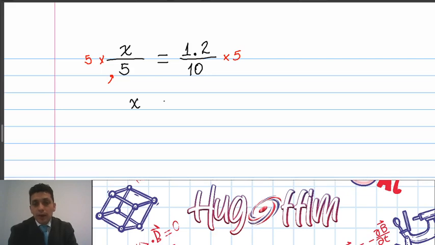So if we multiply by 5, we're going to get it like that here. This is going to be simplified, and in this case I'm going to have 1.2 over 10 times 5.